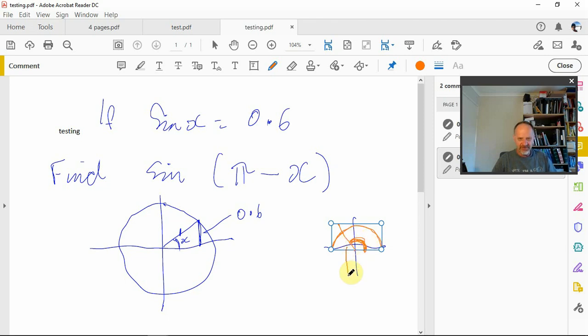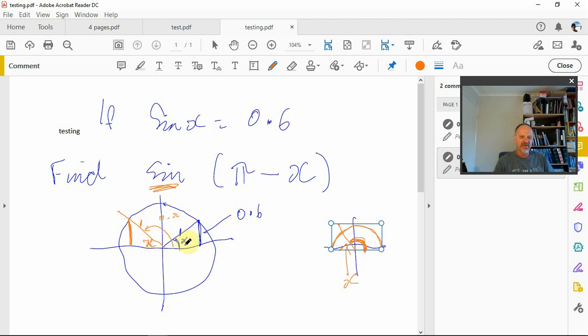Now what's significant is that that angle in there is x. And through that symmetry that I talked about before, this length here is the sine of pi minus x, and that's a radius of 1.